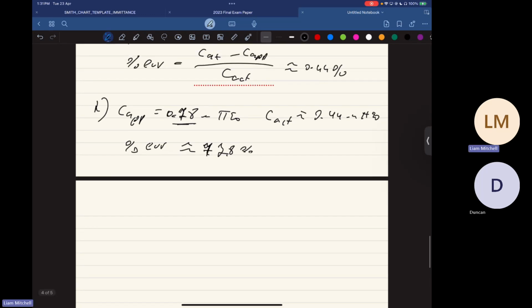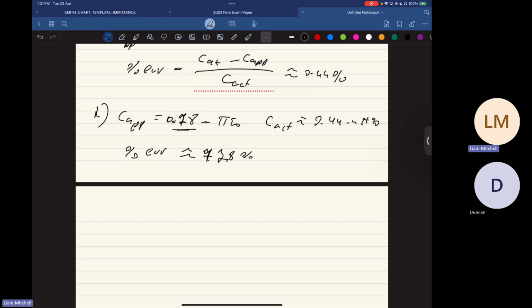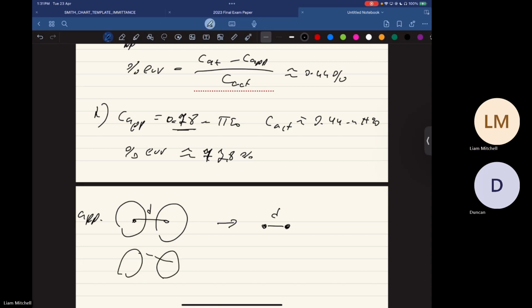The reason is that if you use the approximation, you basically approximate those as point charges. You convert them to point charges which are distance d apart. This is d and this is also d. This is the approximation. But in reality, those points are going to be reflected further from each other.